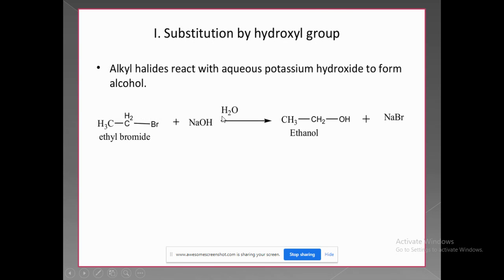It takes the attack over the Br, NaBr will be formed, and the main product generated is ethanol. This is a simple nucleophilic substitution reaction, where the Br is substituted by the hydroxyl group from the OH.